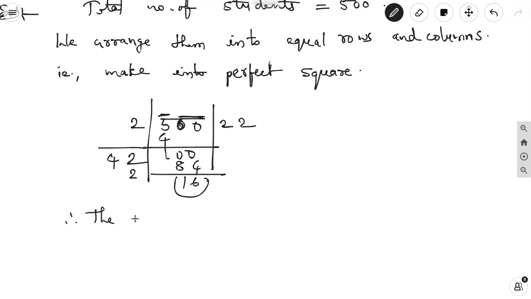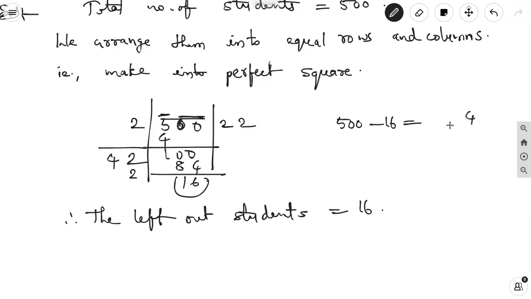Therefore, the left out students equal to 16. So here 500 minus 16 equal to 484. 484 means it's a 22 square.